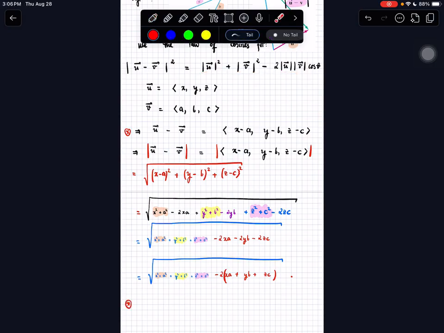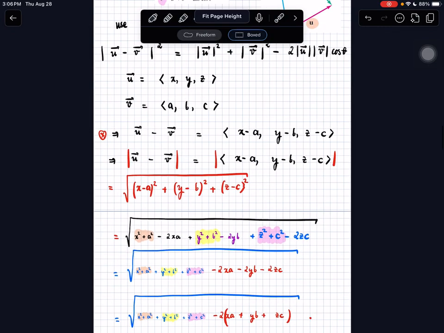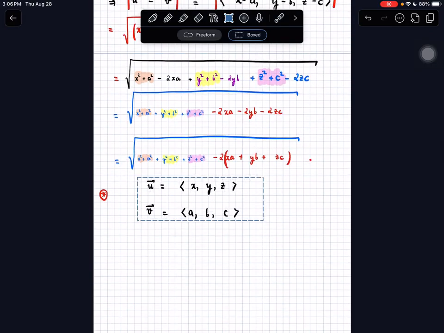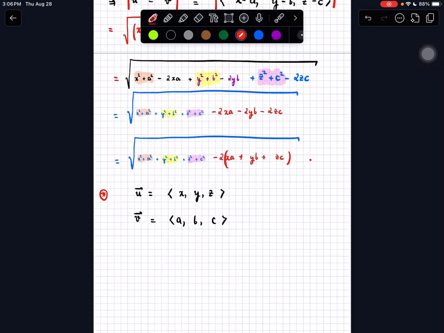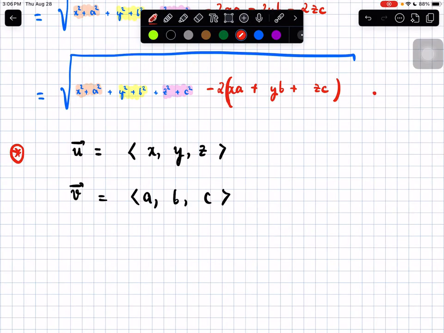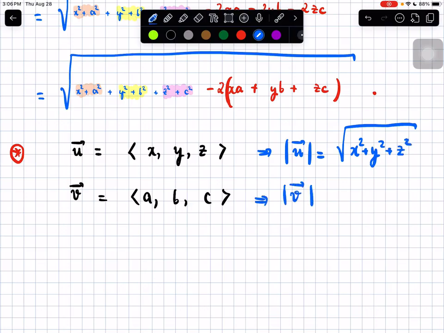Length of u squared, length of v squared. For our vectors u and v as given, the length of vector u is the square root of x squared plus y squared plus z squared. The length of vector v is the square root of a squared plus b squared plus c squared.